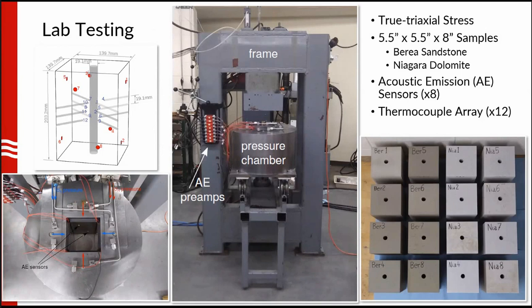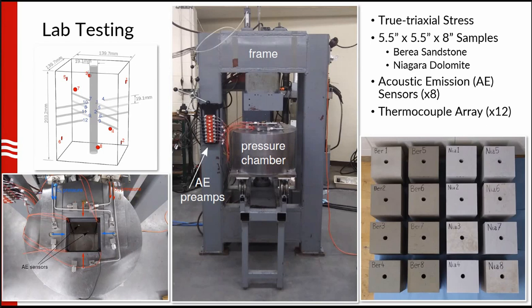There's a blow up of the pressure chamber looking from the top. You can see there's a square void. That's where you put the sample. And you can see 16 samples here of Urea sandstone and Niagara dolomite, approximately 5 by 5 by 8 inches big. And then the borehole is, I think, 1 inch, or actually it might be 0.75 inch in diameter.